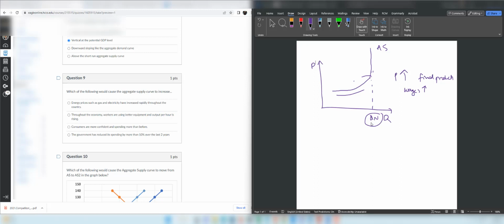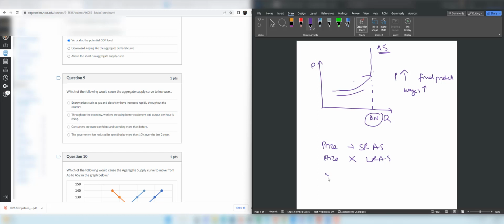All the resources are used. Therefore, the long run aggregate supply curve doesn't change with the price level, but short-run aggregate supply does. So price affects the short-run aggregate supply curve, but doesn't affect the long-run aggregate supply curve.